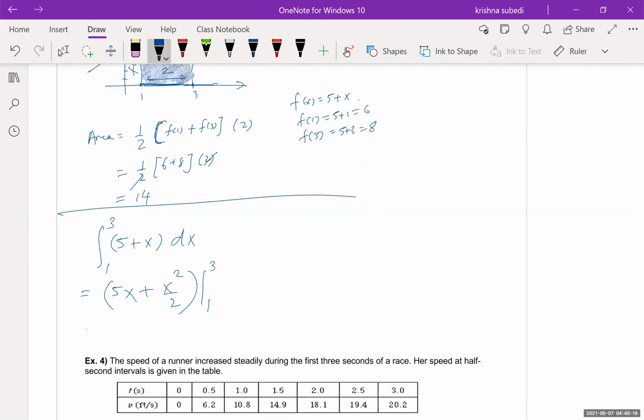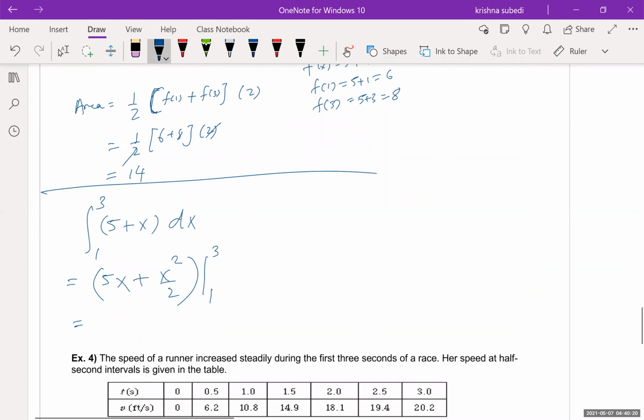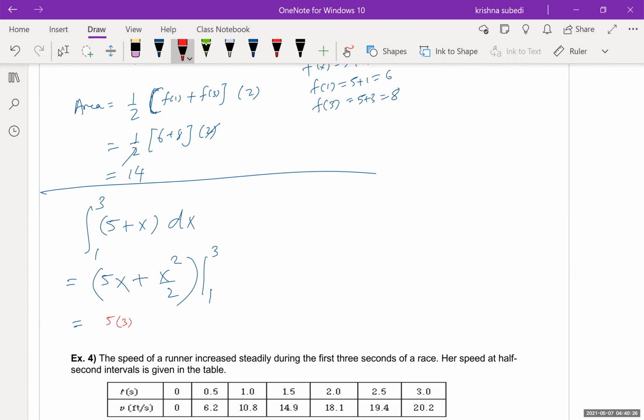What it means is we substitute the upper limit first. So this means 5 times 3 plus 3 squared over 2, substituting 3 for x, minus the lower limit, which is 5 times 1 plus 1 squared over 2. Now I need your help.